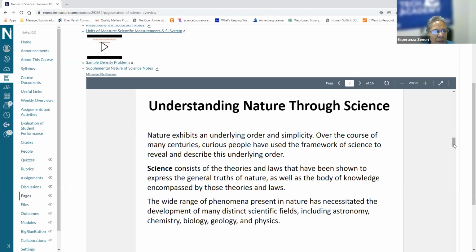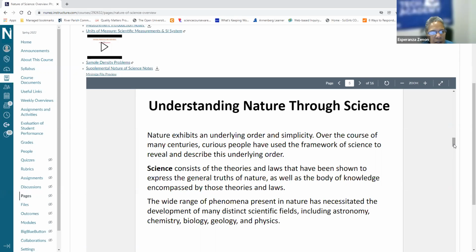If you look at human history, we didn't always approach things from the perspective that we could understand how things work, right? And so the body of knowledge that we call science, that way of understanding our environment, is built on theories and laws that help us to understand the truths of nature, how nature behaves, right?